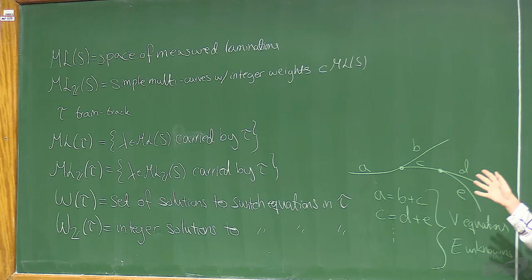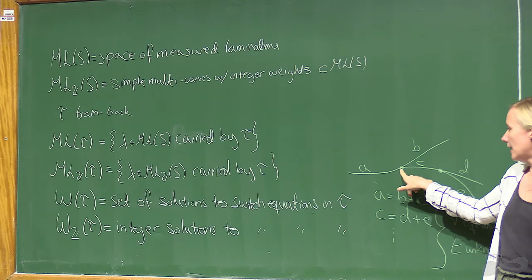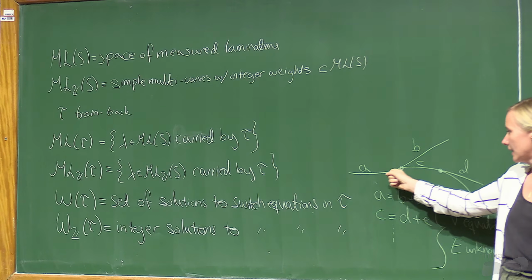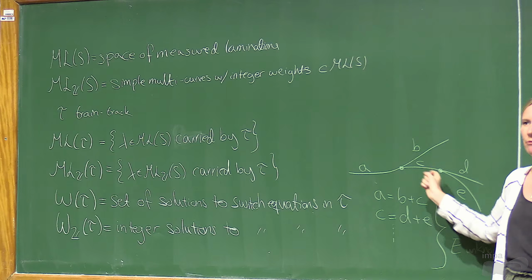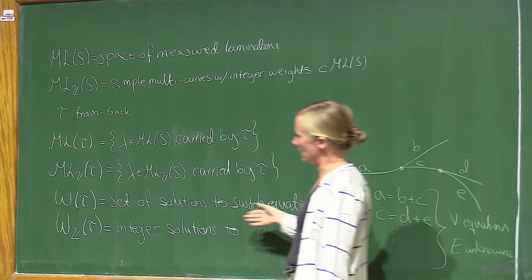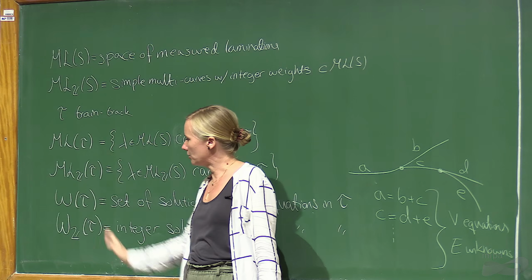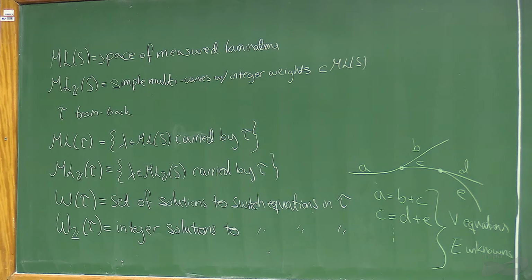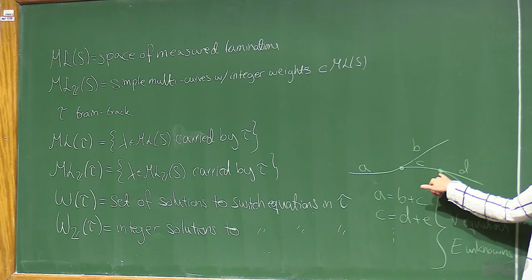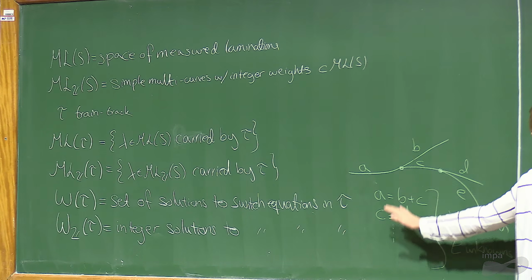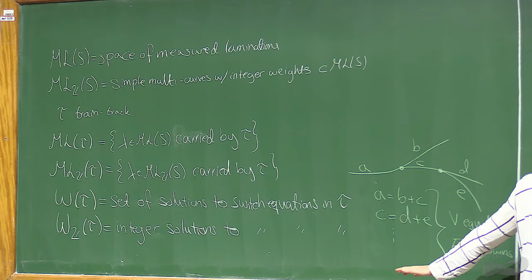We say that a set of weights satisfies the switch equations if at every vertex the weight of the incoming edge is the same as the sum of the two outgoing. The solution set to the switch equations is W of tau, and the integer solutions W_Z of tau. For every vertex you get an equation like this, and they have to be simultaneously satisfied for it to be a solution.